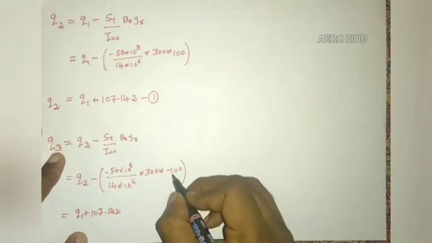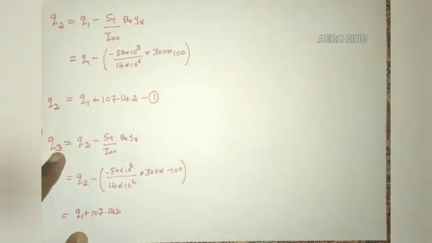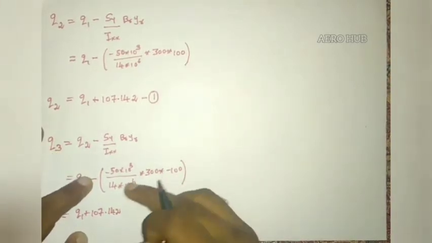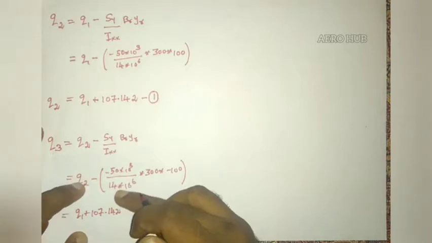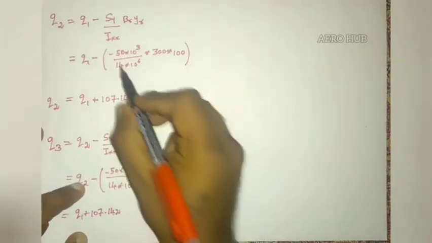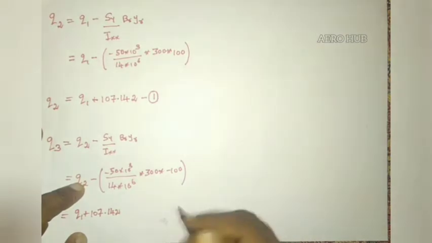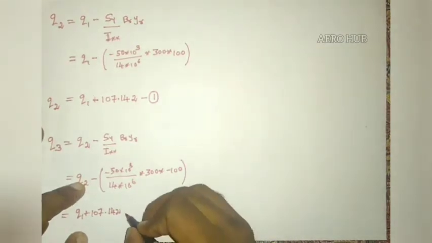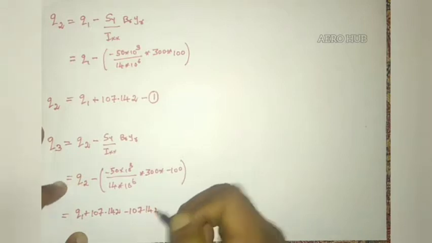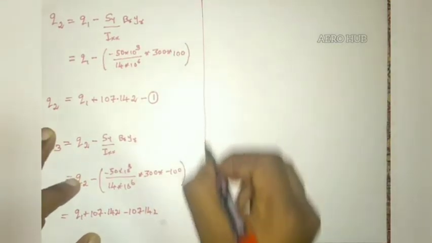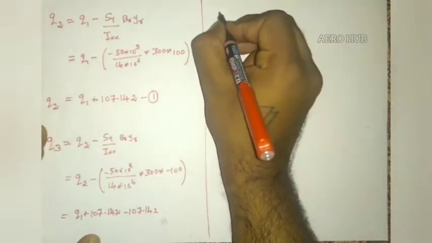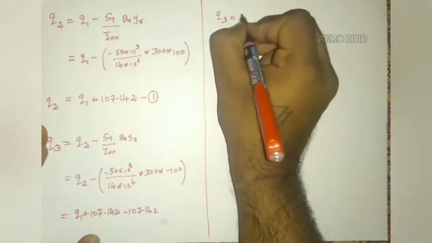If I am solving this, I will be getting again a negative. You can see this term and this term is almost equal, only the signs are different. So I will be getting minus 107.142. Therefore, Q3 is equal to Q1.